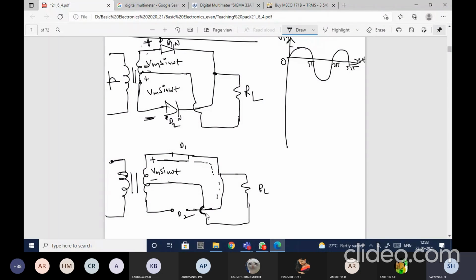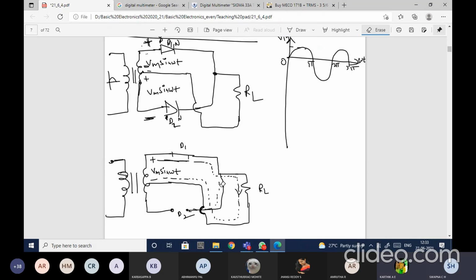So it will not flow in this direction because this terminal is open. The current will start flowing in this direction, like this. Is there a closed path or not? From positive to negative, is there a closed path or not?